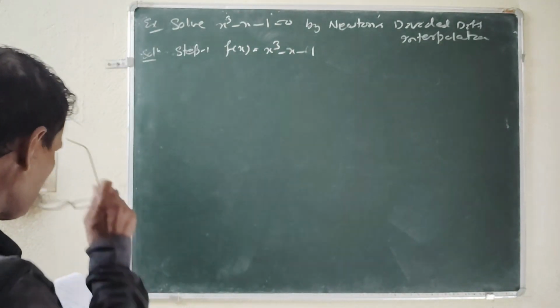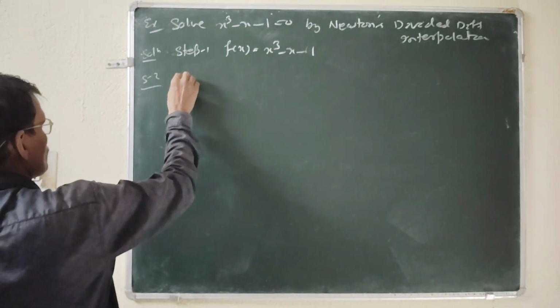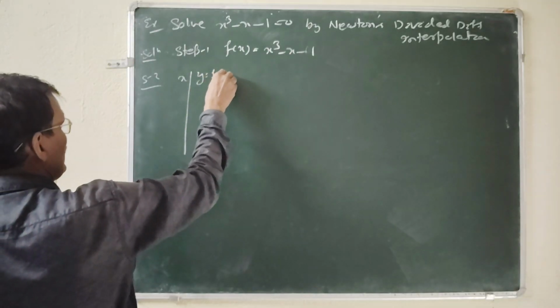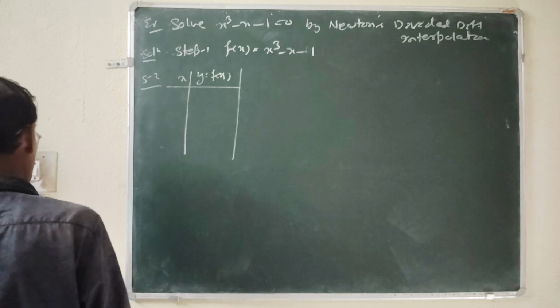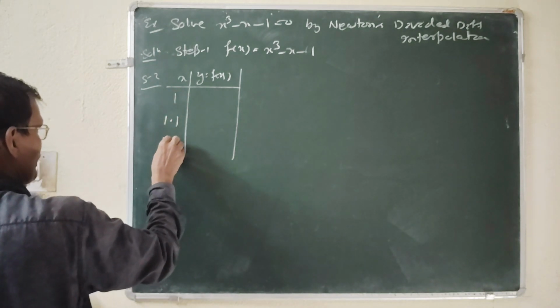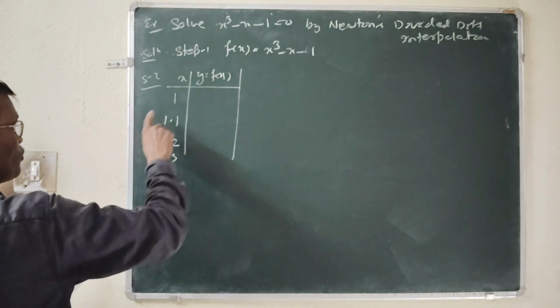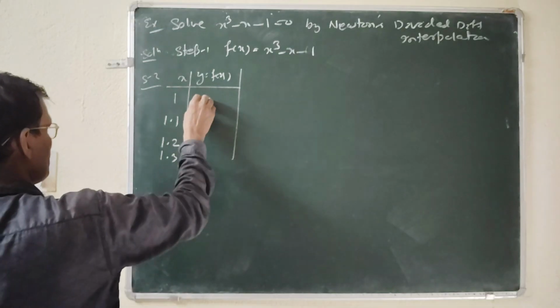Under what technique do we make a table, you see. This is step 2. This is x and this is y or f(x), and f(x) is this polynomial. Okay, so how do we decide this x? We decide x as 1, 1.1, 1.2, 1.3. For 1 the value of f(x) is minus 1.